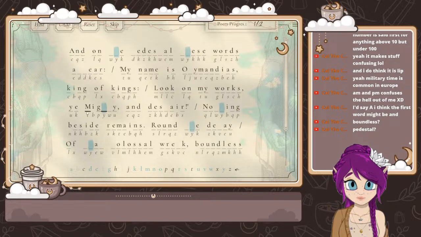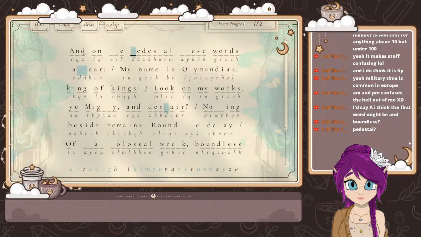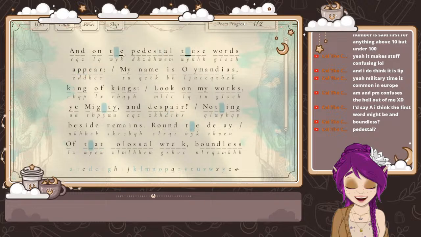Ye... pedestal? On... ooh, that works. Yeah, pedestal works. On the pedestal, these words appear.